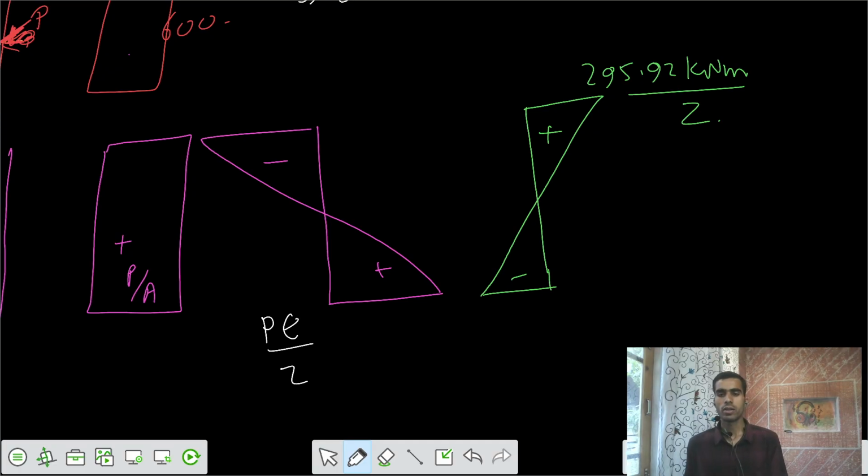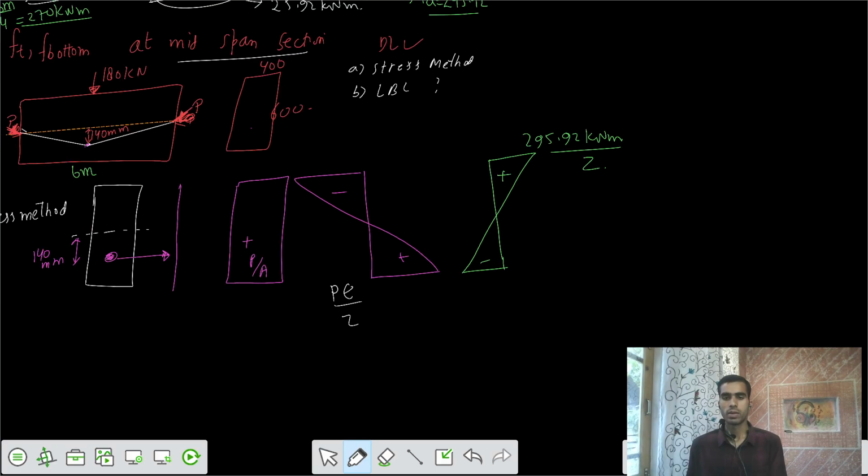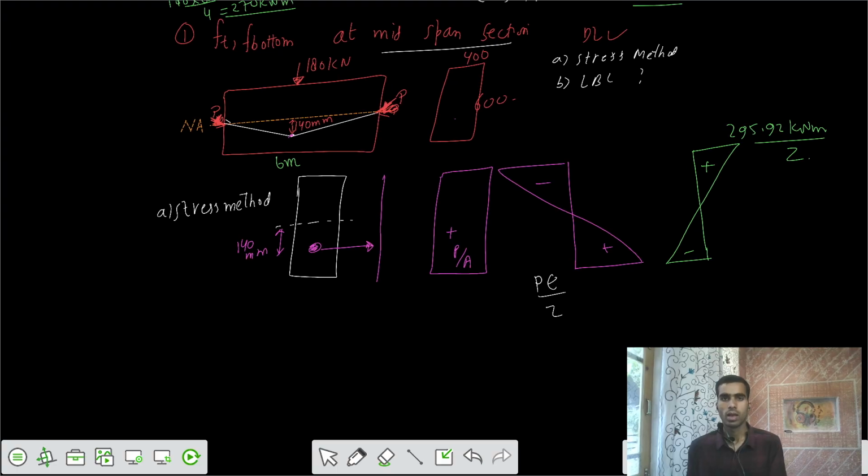Okay, let's try to calculate those as per the stress method. We're applying a P force value equal to 1200 kilonewton. So your value of P force is 1200 kilonewton. Let's calculate the stresses.